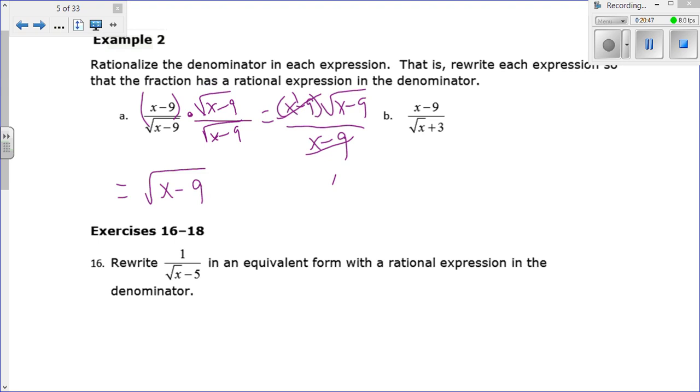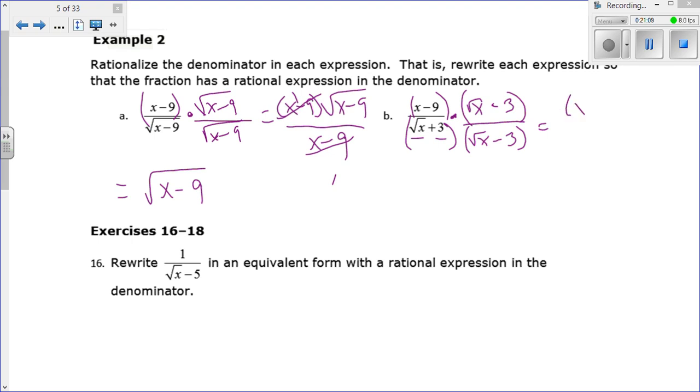B is a little bit different. For B, I actually have two separate terms in the denominator, so I need to multiply by the conjugate. Oh, yuck. Let's see here. What do we get?